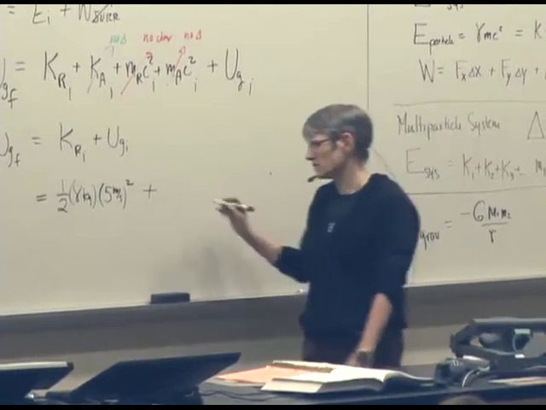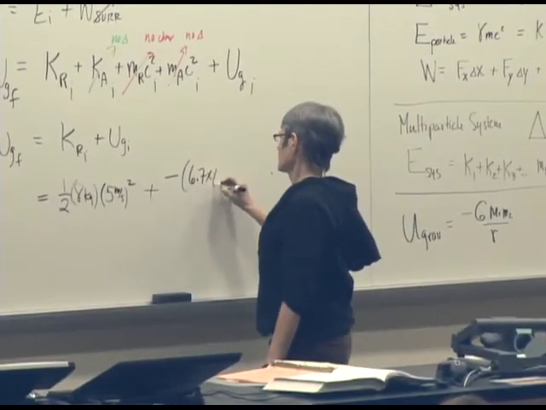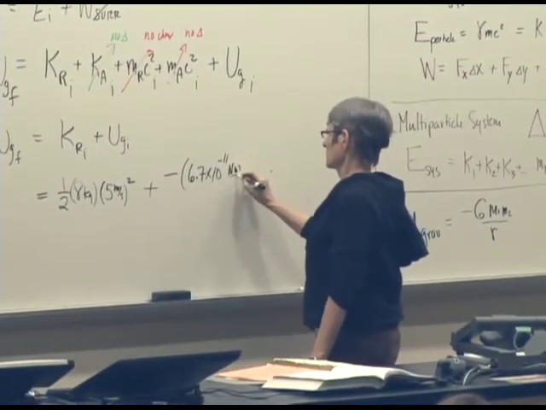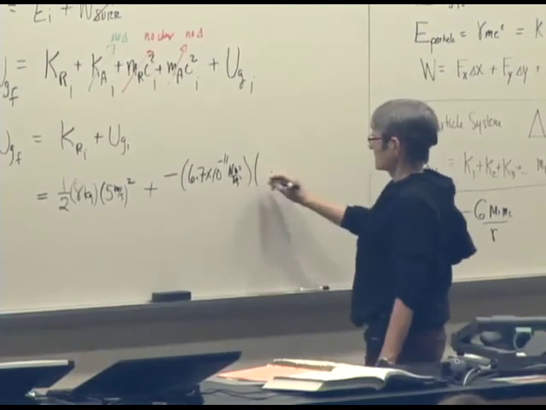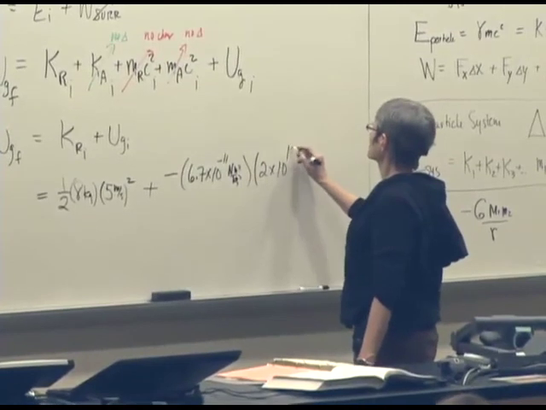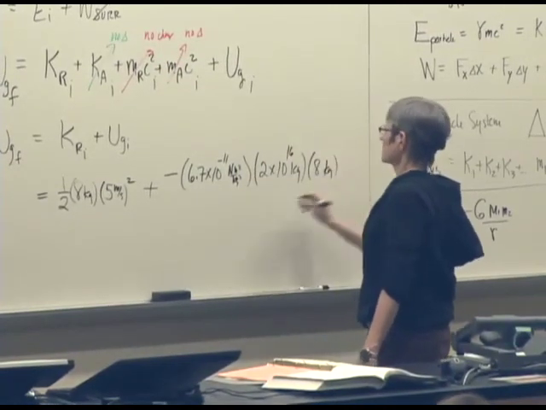Okay, so there's a negative sign. That's important. So negative 6.7 times 10 to the negative 11 newton meters squared per kilogram squared, mass of the asteroid, 2 times 10 to the 16th kilograms, mass of the rock, 8 kilograms.